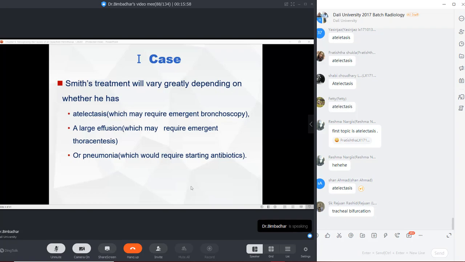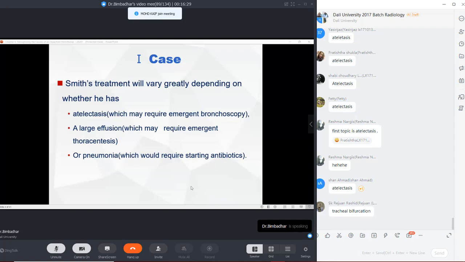So you have to remove whatever problem is present and causing the complete collapse of the lung. That is the treatment. Or if there is a large pleural effusion, maybe the patient will require a procedure called thoracentesis. Thoracentesis means extraction of the pleural fluid from the pleural cavity, the thoracic cavity.